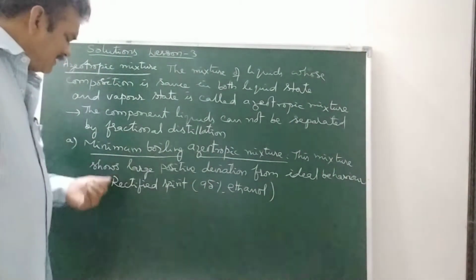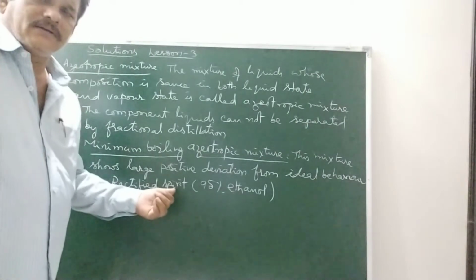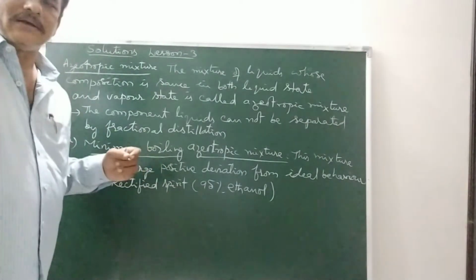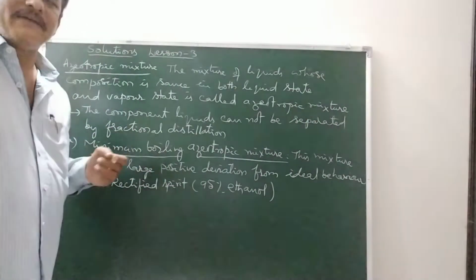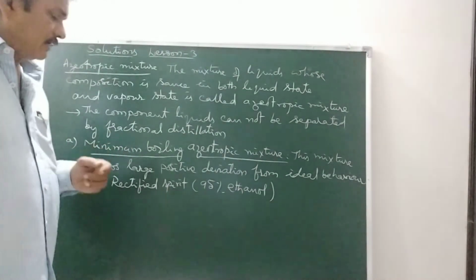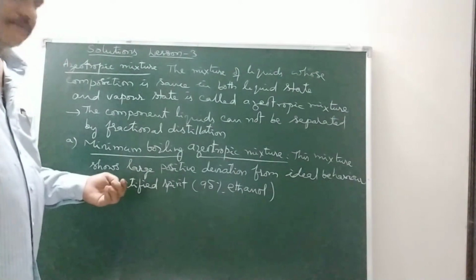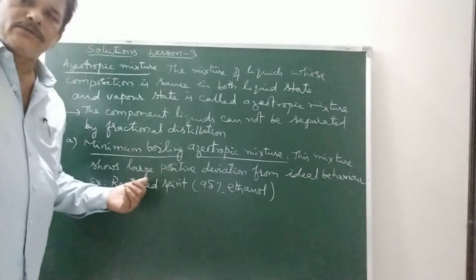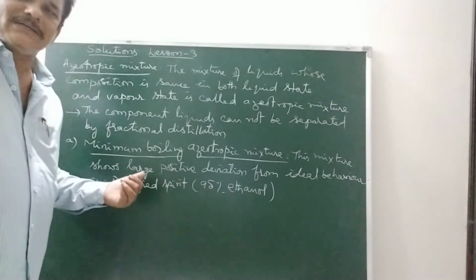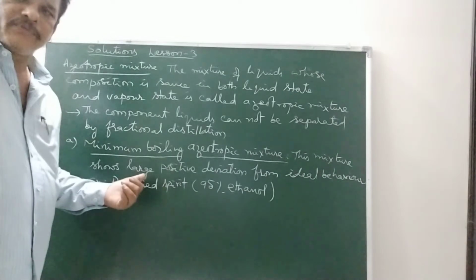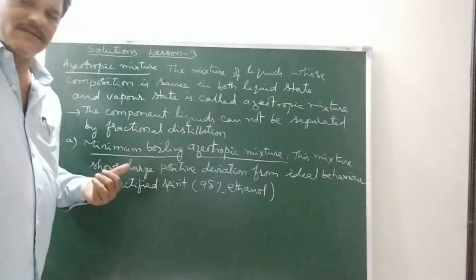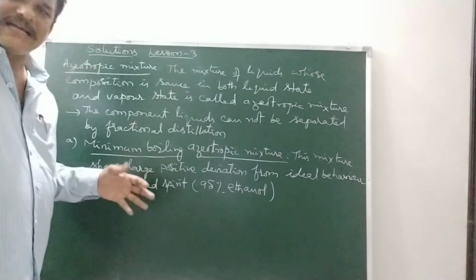So how is rectified spirit obtained? Ethyl alcohol is prepared by the fermentation process, in which molasses is used. Molasses is diluted to get a 10% solution, and yeast is added.